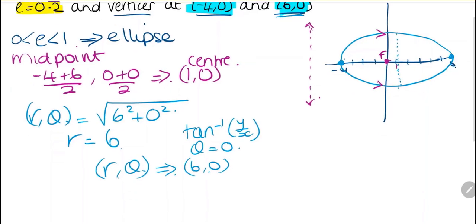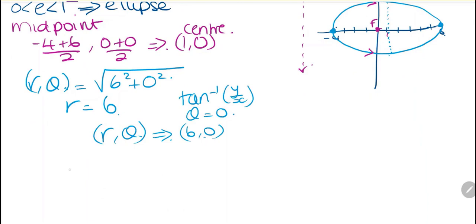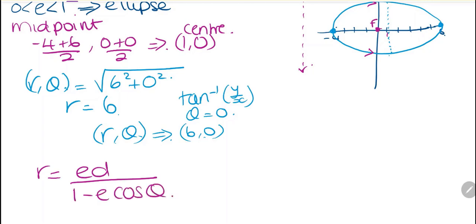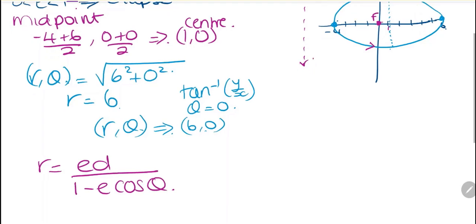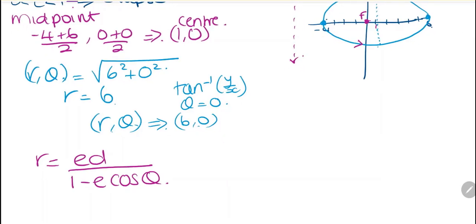So now if we look at our equation, we want to write ed over, and we said it's cosine, and it's going to be negative, so 1 minus e cosine theta. So we're going to substitute in the values that we know. First of all, we know r is 6. We know that eccentricity is 0.2. We don't know the directrix.